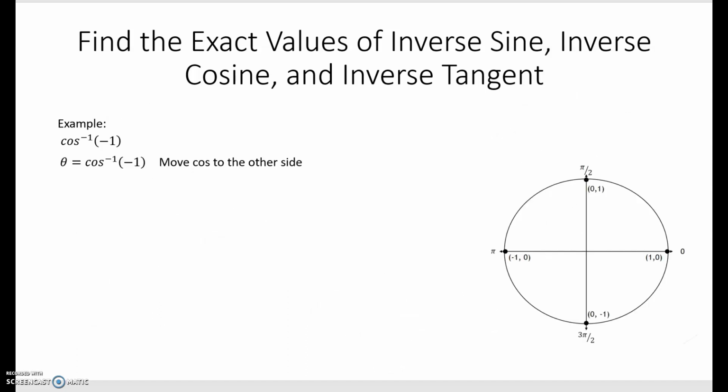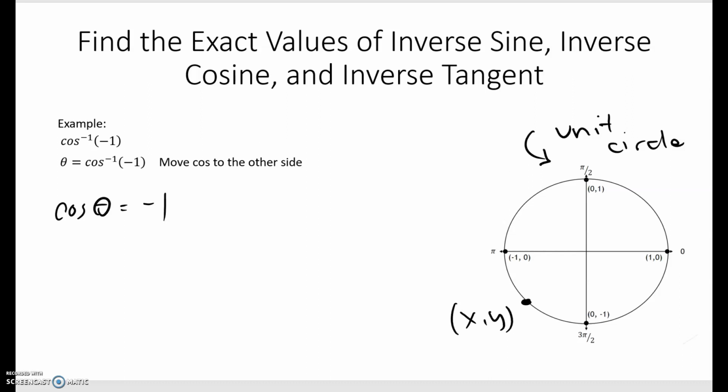Okay, and if we look at the inverse cosine of negative 1. Number 1, I'm going to set it equal to theta, and then I'm going to move cosine over. Now, where is cosine equal to negative 1? Now remember, if we had 1, negative 1, or 0, we went back to the unit circle. And remember, any point on here, we didn't call it x, y, we called it cosine x, comma, sine x.